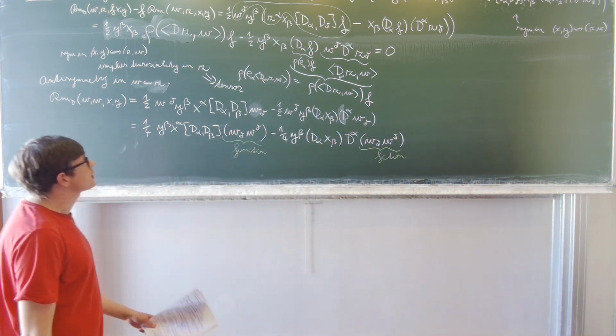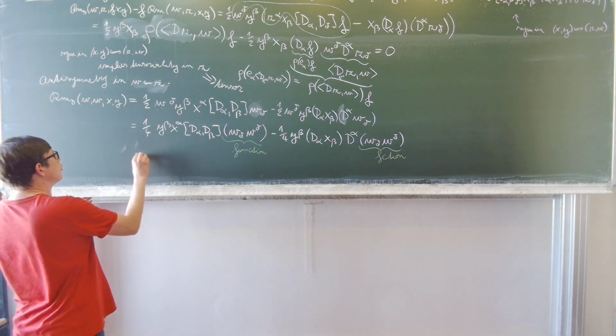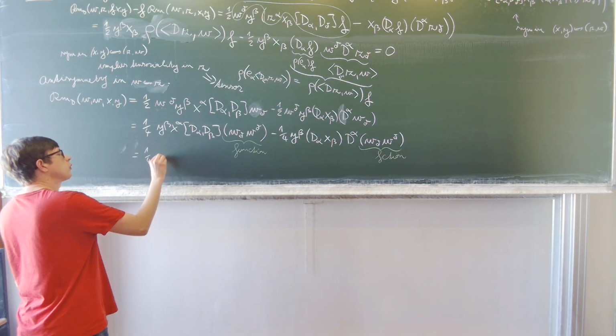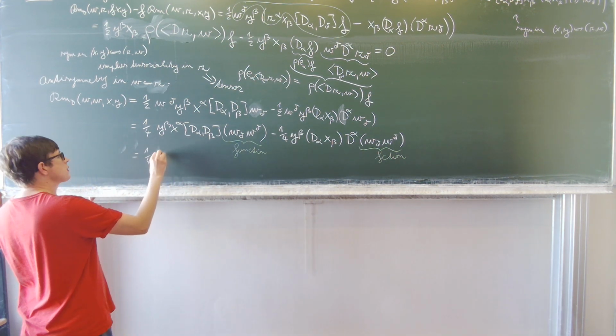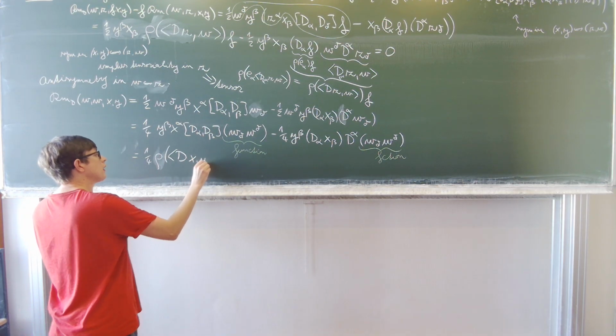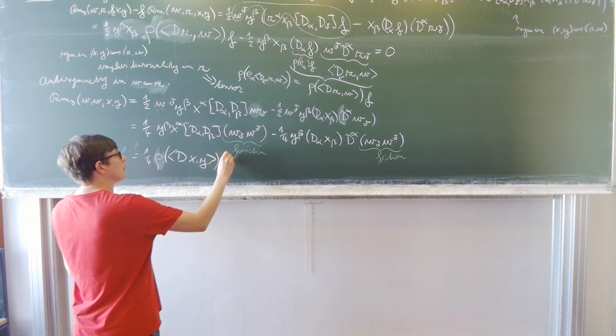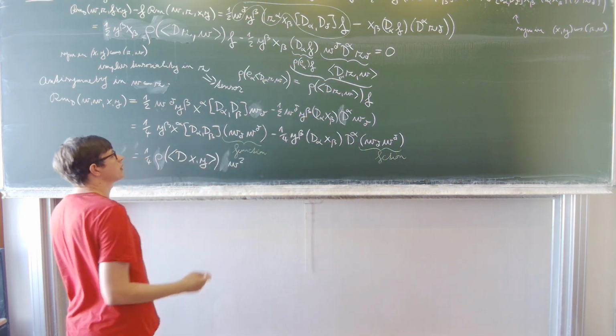These two things are functions, and we know how the derivatives act on functions. Here we use the lemma to say that this is rho of dx y acting on this thing, technically just omega squared, w squared.